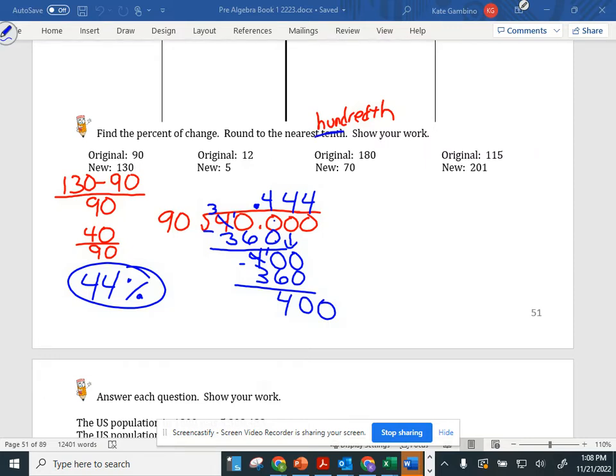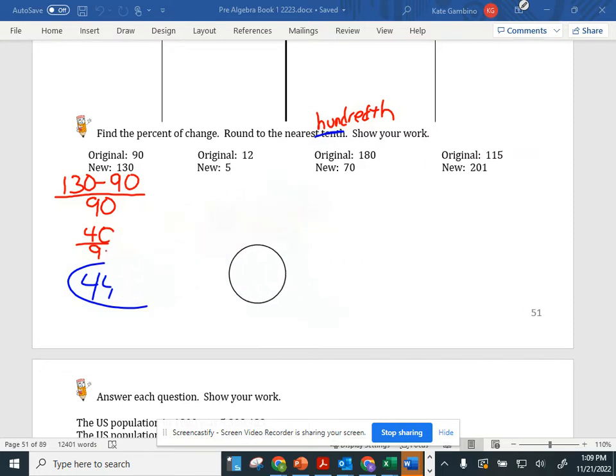Okay, I said it doesn't make sense to do it to the 10th. We should do it to the 100th because we're working with percentages. We need to go to that 100th place. And his answers are all in the 100th place. So he just wrote the wrong word on there.